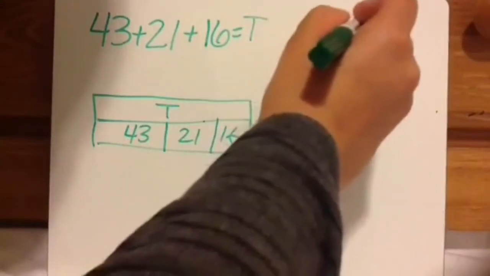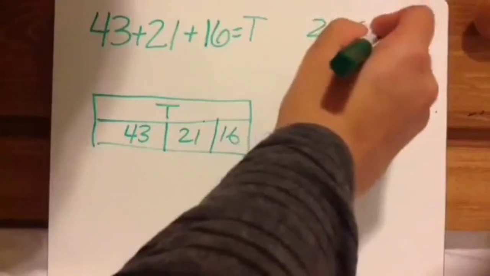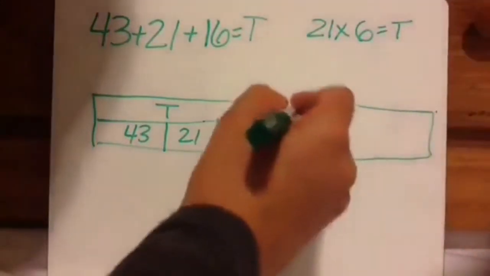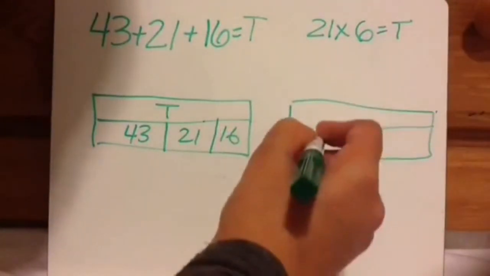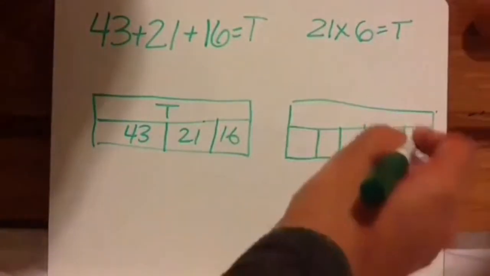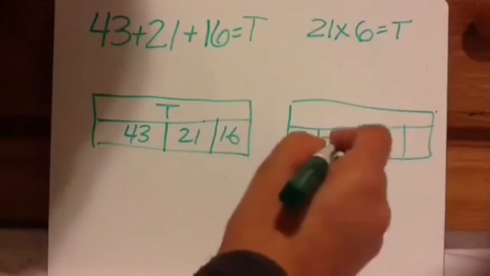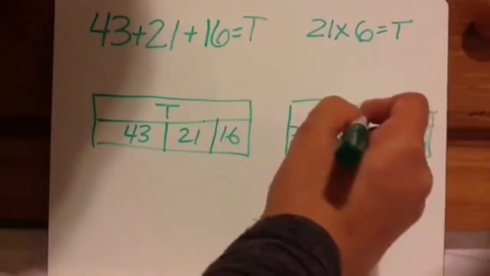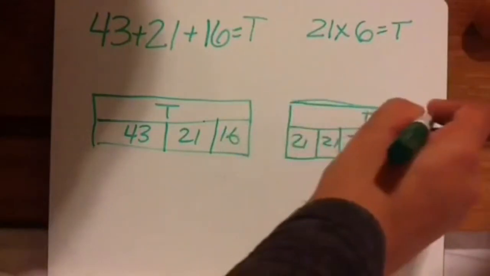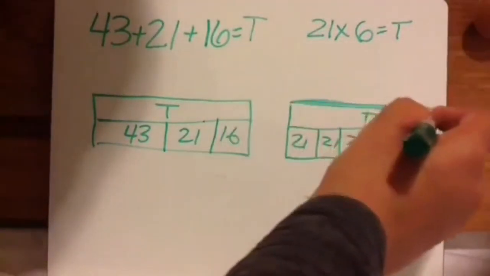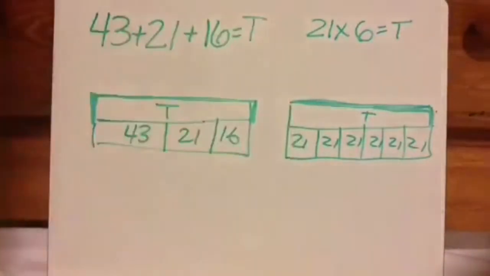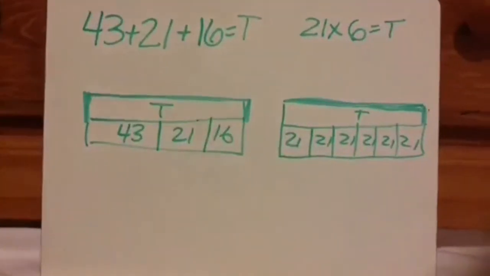Okay? Now, what if I had 21 times 6? I'm still looking for a total because it's 1, 2, 3, 4, 5, 6 groups of 21. And when you put them all together, you're getting a total. So notice how multiplication and addition representations look very similar.